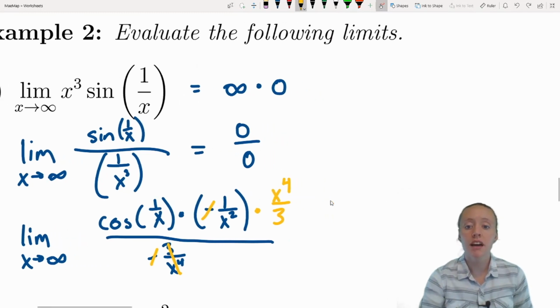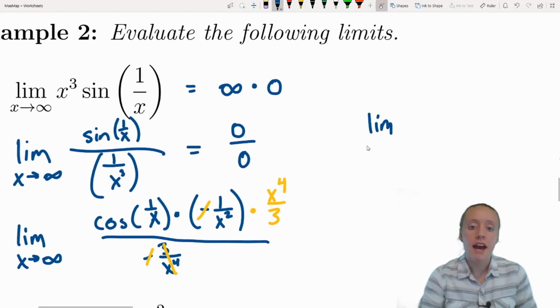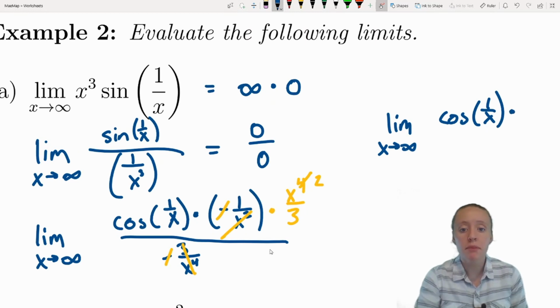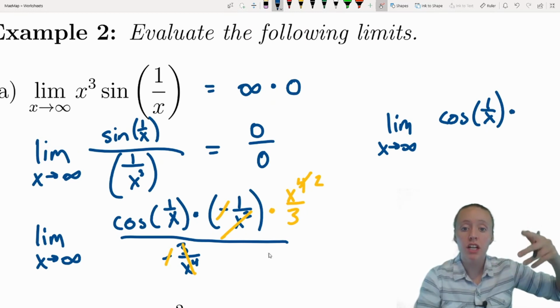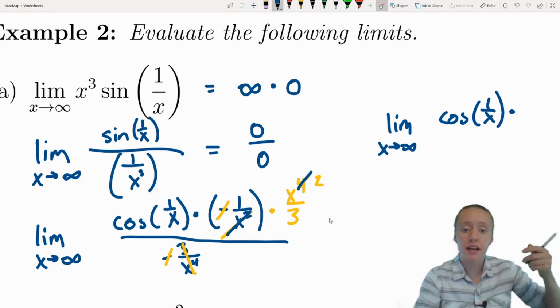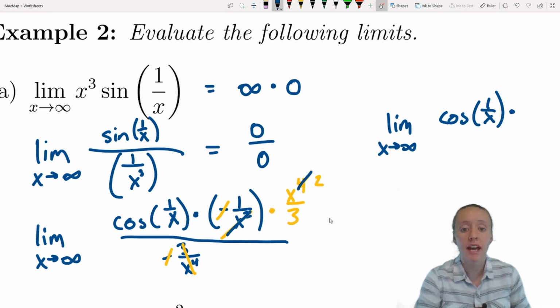So I'm going to be left with the limit as x approaches infinity. So I'm going to get the cosine of 1 over x, and that's going to be multiplied by, because I flipped that fraction up, and my x squared canceled out with 2 of my x's in my numerator, I'll be left with x squared over 3. So this is multiplied by x squared over 3.